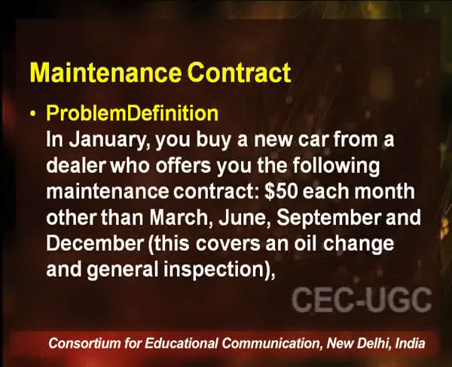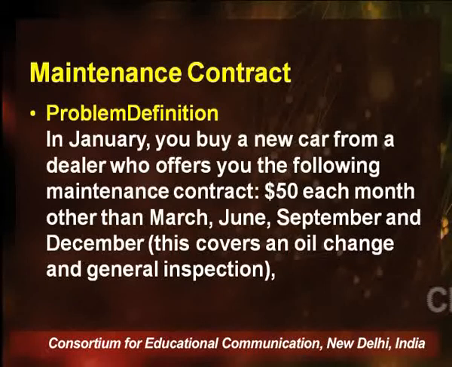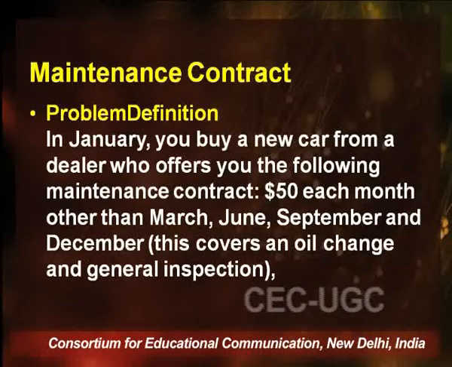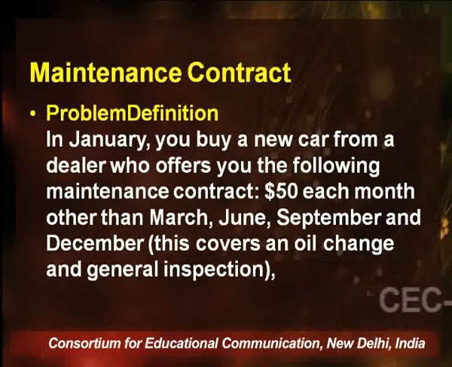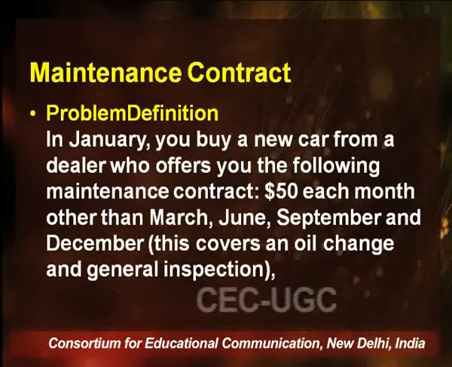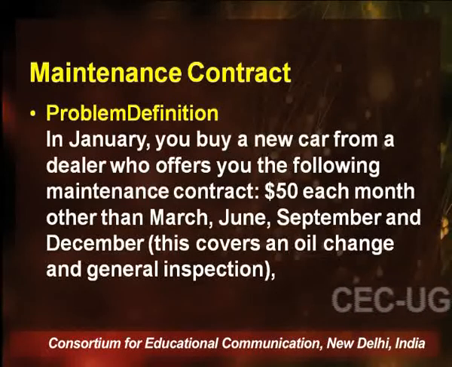That means other than the third month, the 6th month, the 9th month and the 12th month, the other months are charged $50, and what is covered in this $50? It's just an oil change and a general inspection.